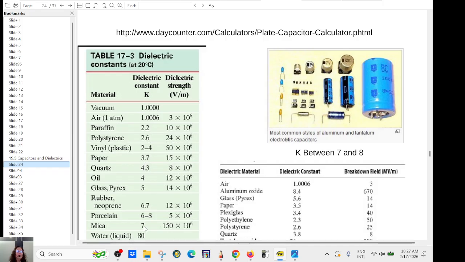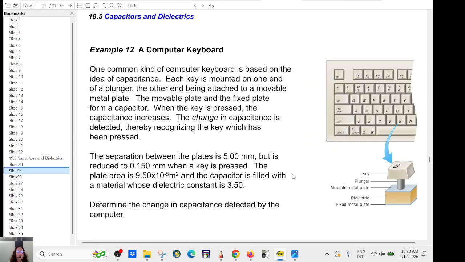Mica, you multiply by 7. So this is more expensive. You can have water as well. But I don't know how it will work in electronics to have water. And you have different materials here, right?